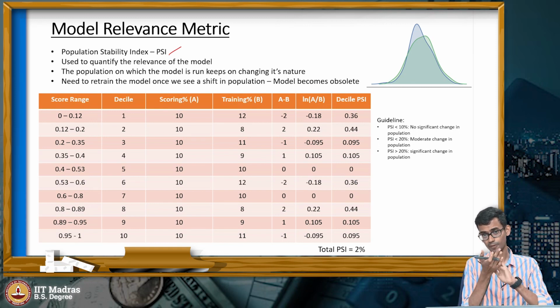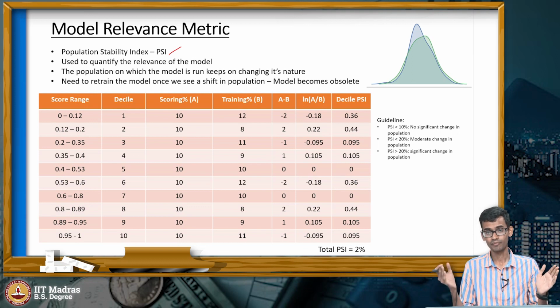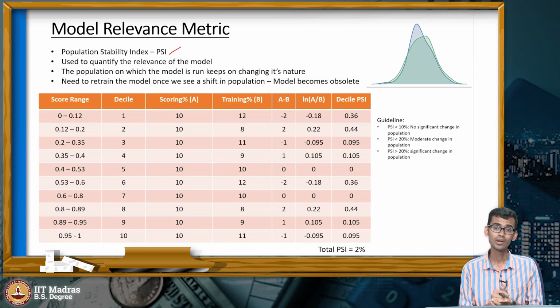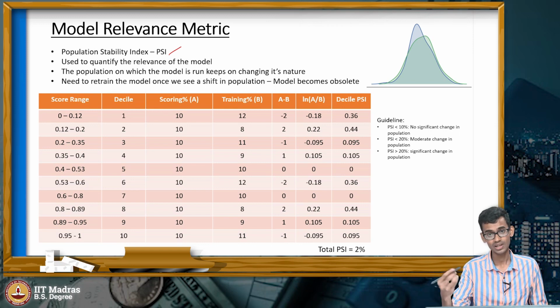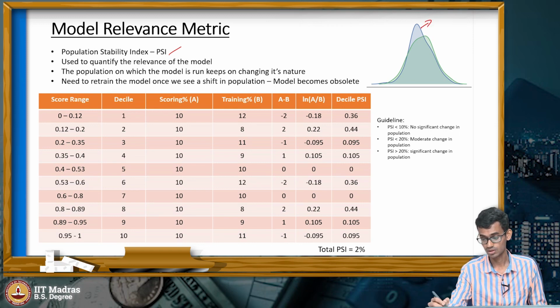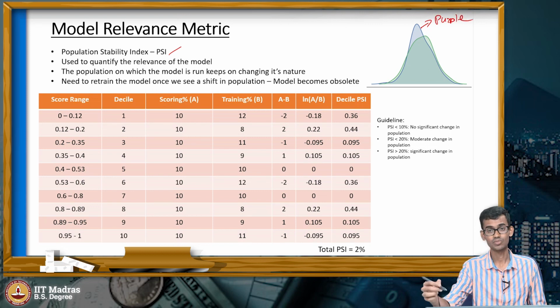And you have the scores of all the transactions that happened in say 2019. Okay, and you have a distribution of it. So let's say that that corresponds to this purple distribution.